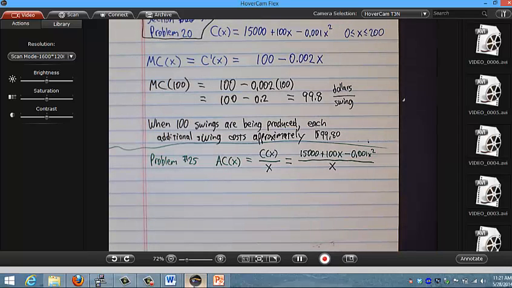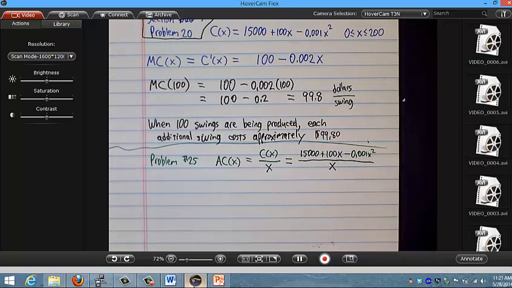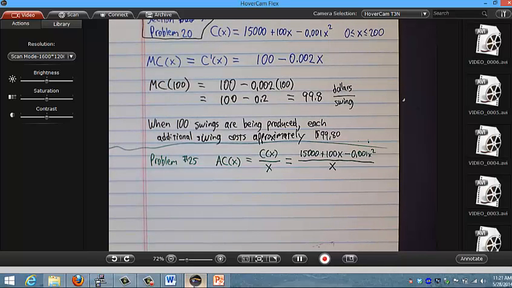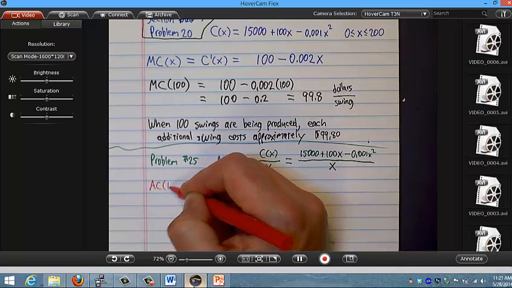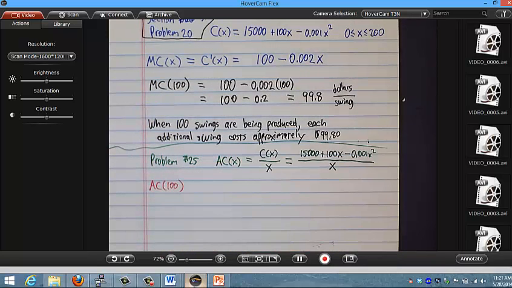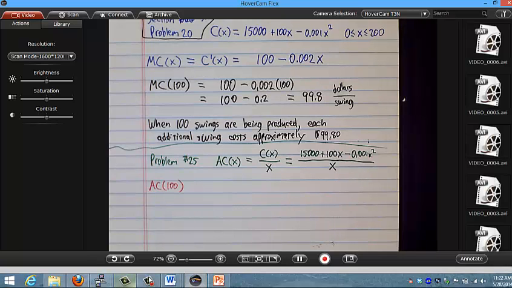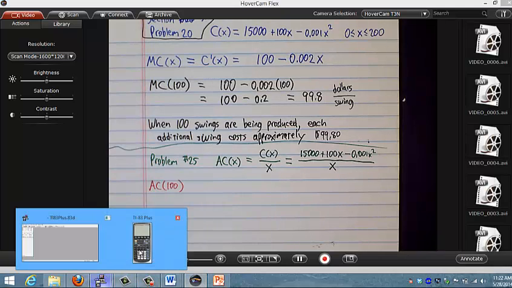Okay? So that I could go ahead and compute now and interpret AC of 100. What's the average cost when I'm producing 100 swings? Get the calculator out for a minute. I want to show you guys some things we can do as we do this.